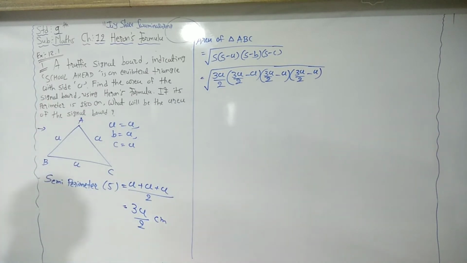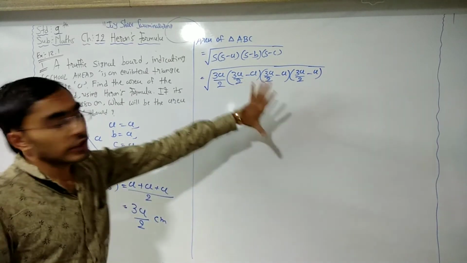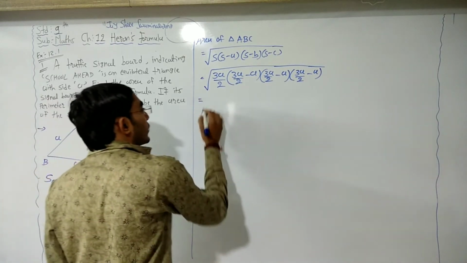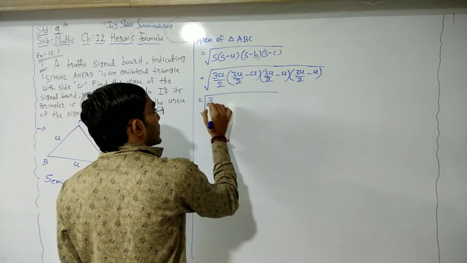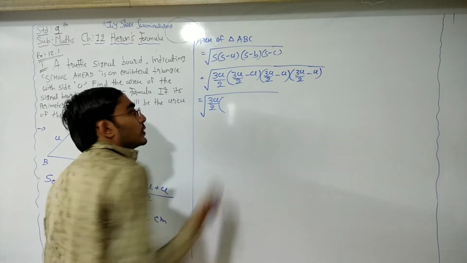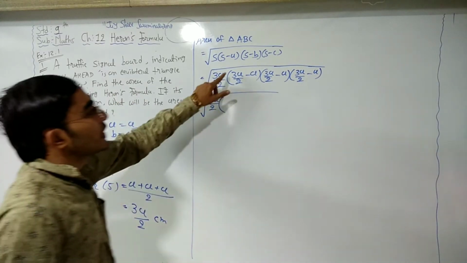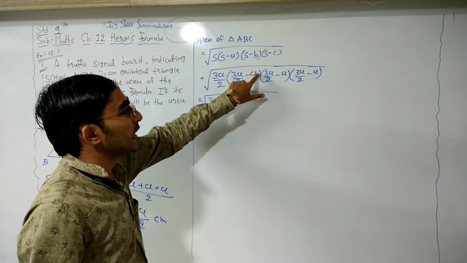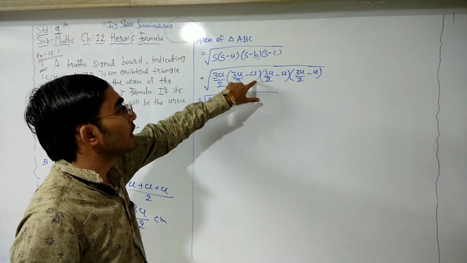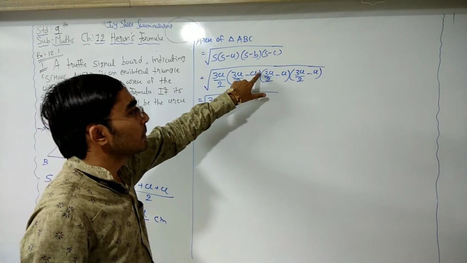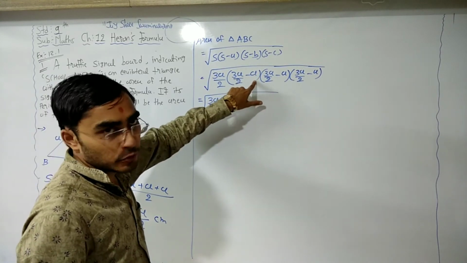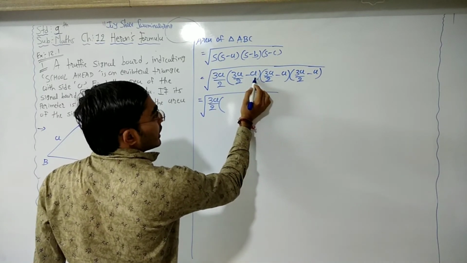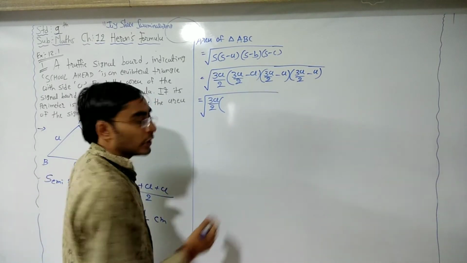Now solve these brackets, for which we need to take the LCM. In the first bracket we have 3a by 2. Now take the LCM: multiply by 2 and divide by 2. Multiplying a by 2 gives 2a, and dividing by 2 gives the same denominator.